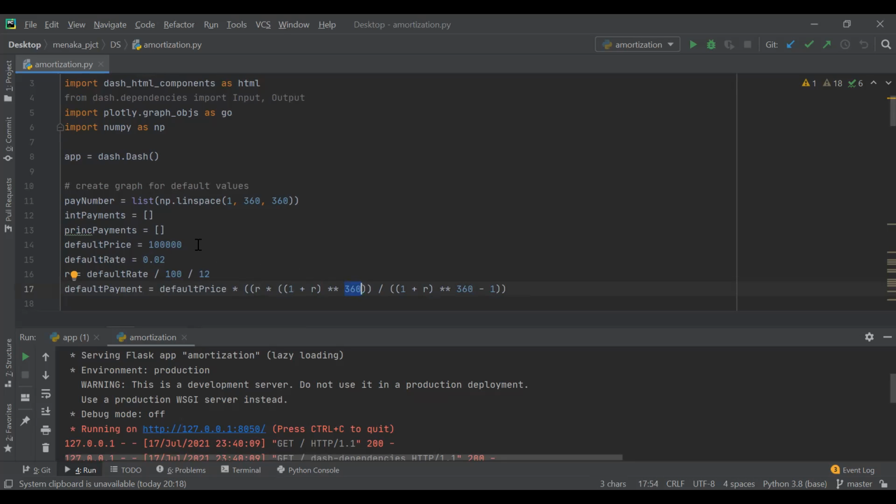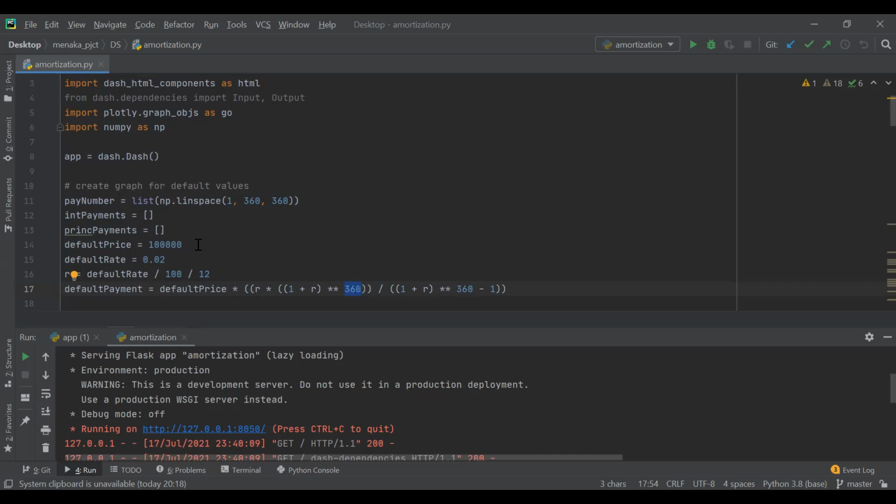For example, if you are getting a huge loan amount and the interest is also very high, then we would be paying a huge amount of EMI on a monthly basis. The higher the loan amount or interest rate, the higher the EMI.